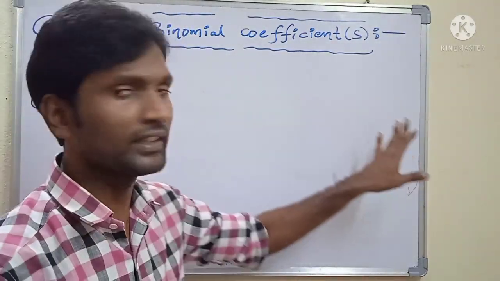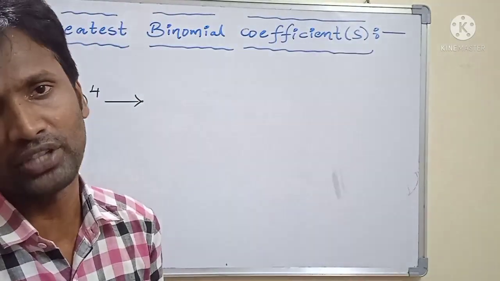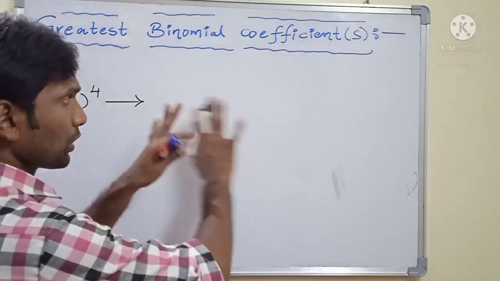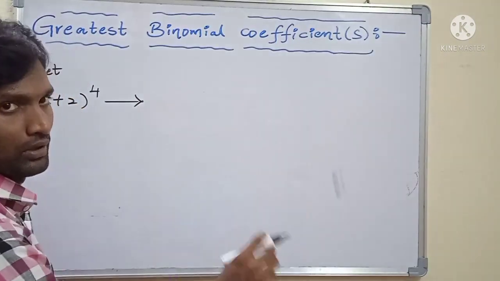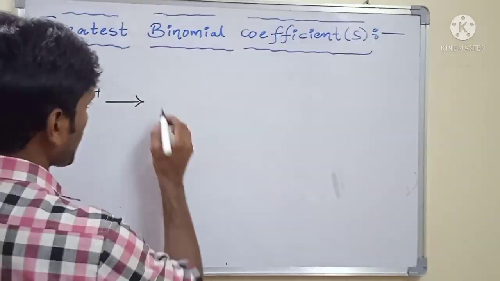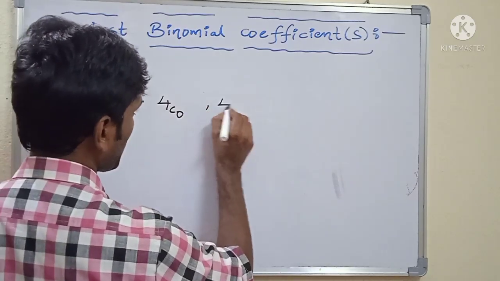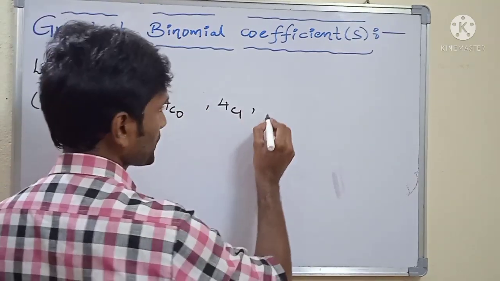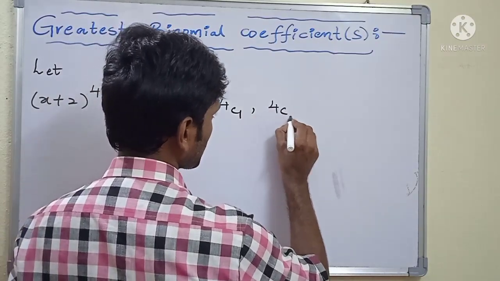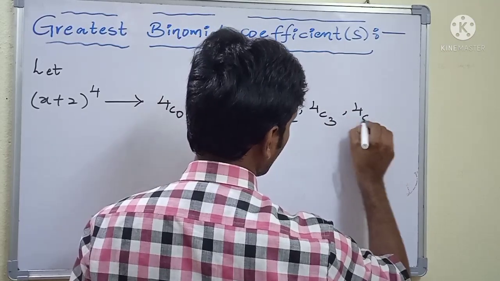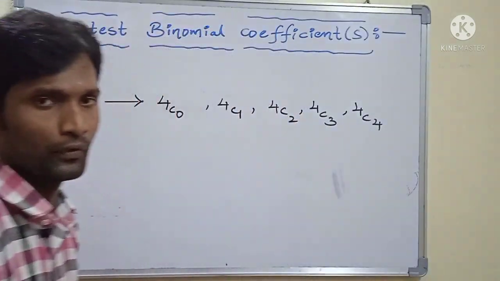Take only binomial coefficients, no need of writing the terms. The first binomial coefficient is 4C0, the second is 4C1, next 4C2, next 4C3, and the last binomial coefficient is 4C4.